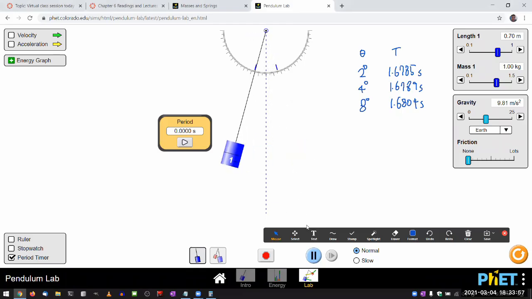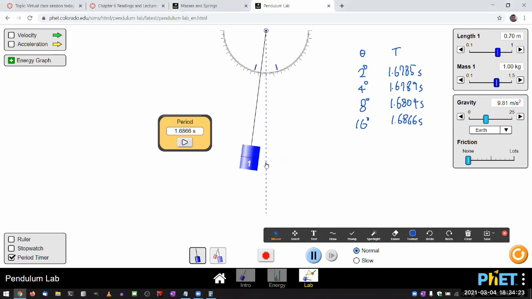Keep doubling the amplitude. At 16 degrees, if I round it, it'll be 1.69 seconds instead of 1.68. So it's beginning to change, and in a more measurable way. This is where you see the approximation starting to break down.